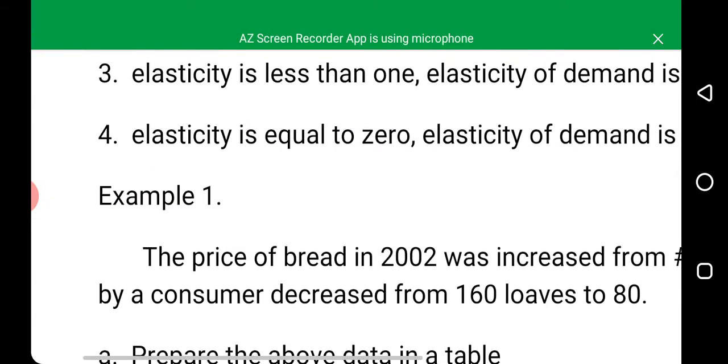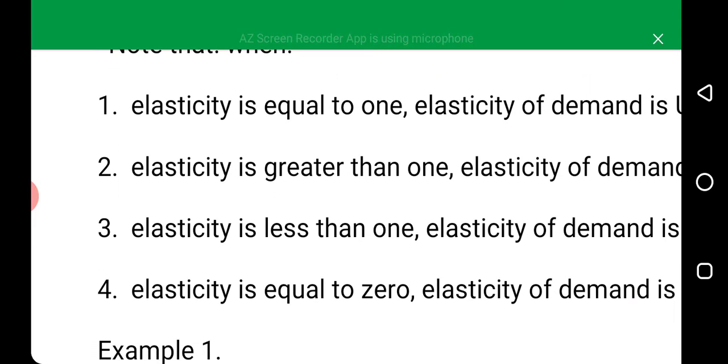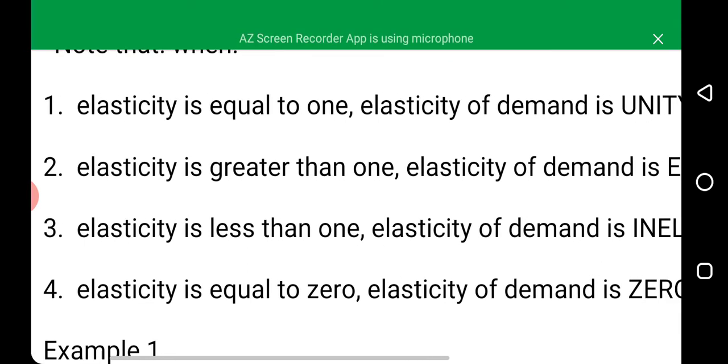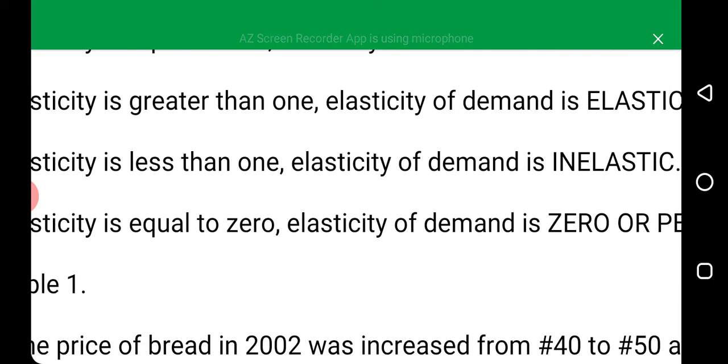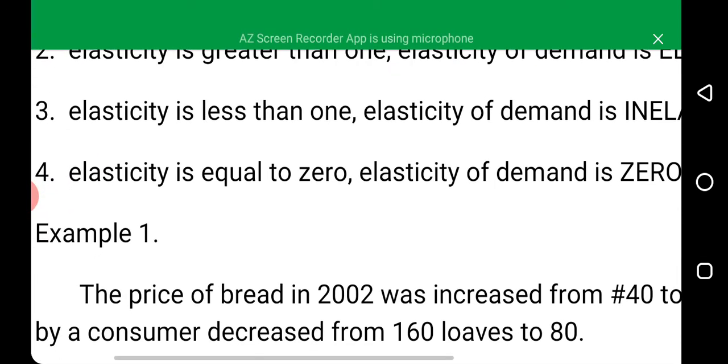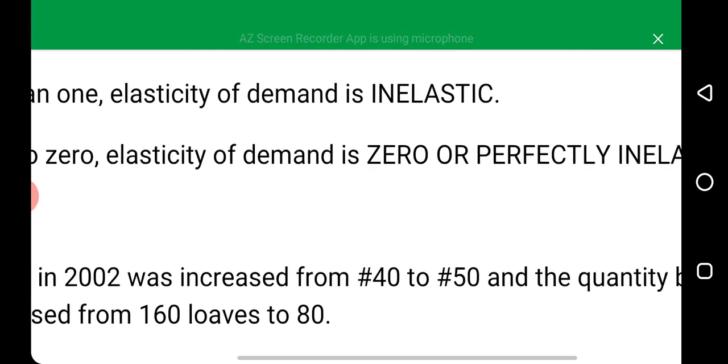Let's take note of this information, because at the end of each calculation you'll be asked to state categorically the type of elasticity of demand you have arrived at using your answer.